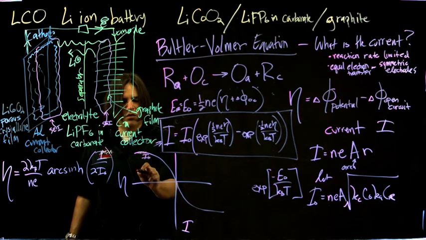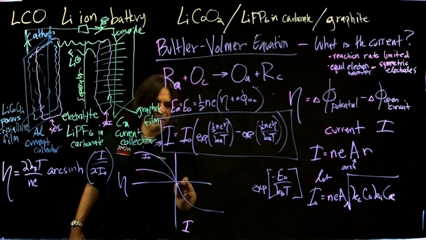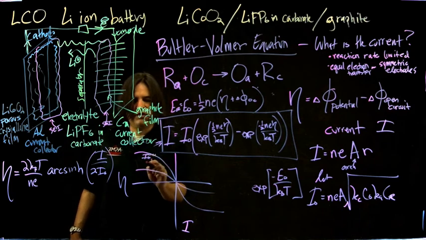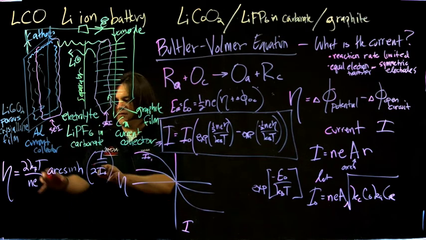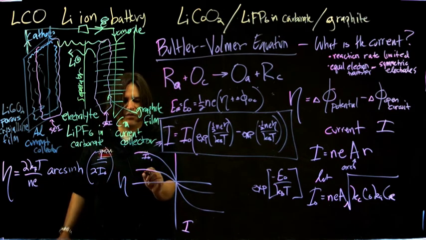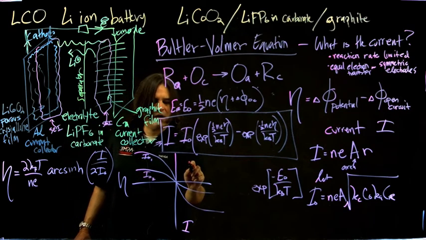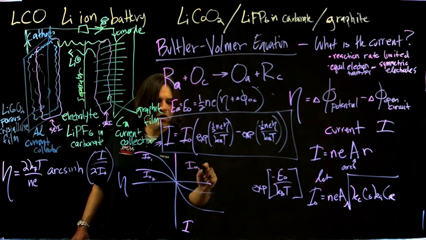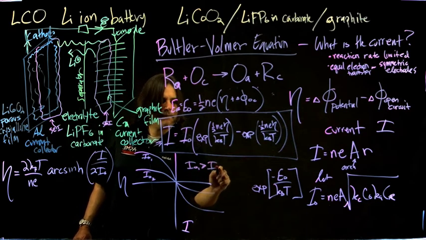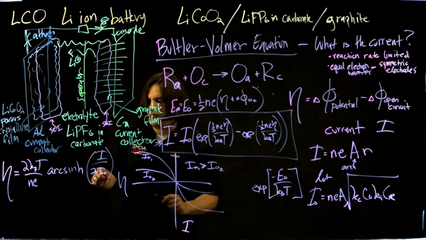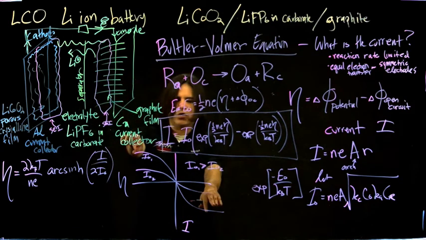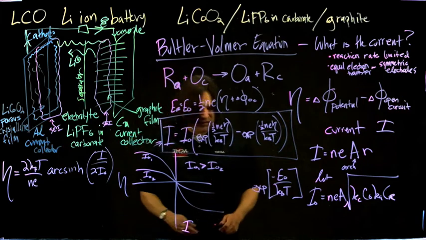If you were to have a lower I naught, if this is this function with this value of I naught there, and you have this function with I naught there, and if I1 is greater, so as this parameter increases, you get more current. That's how this function works.